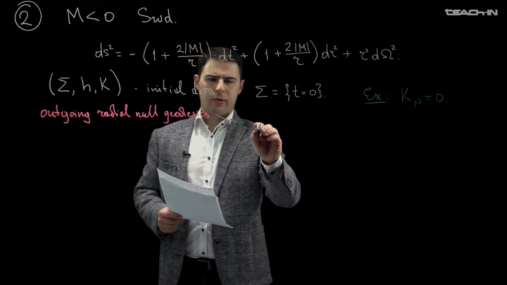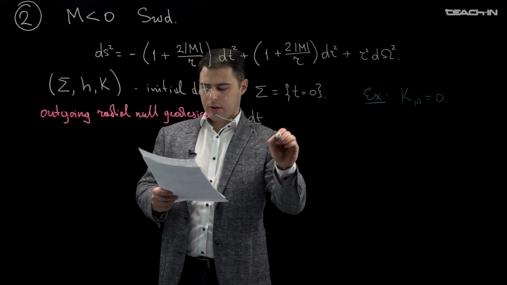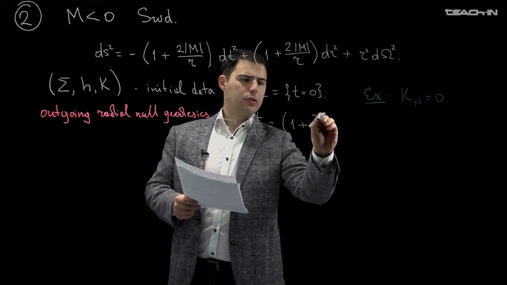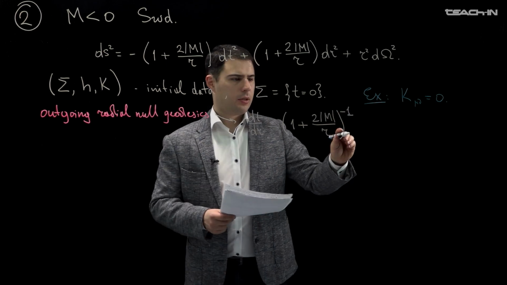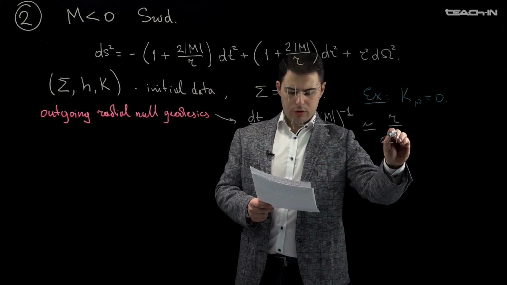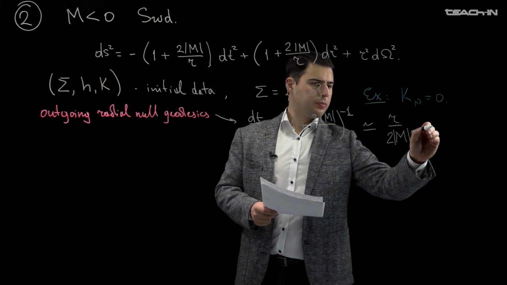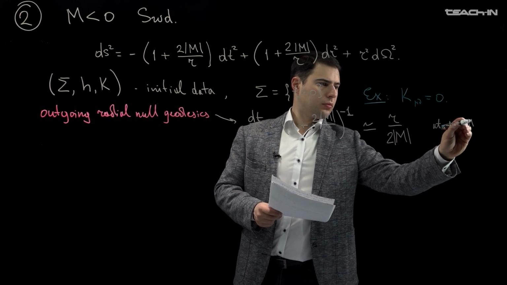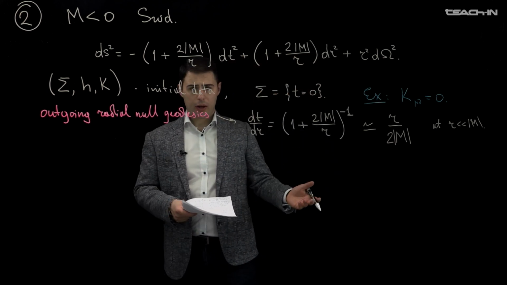So, as you recall from the previous lectures, they are given by dt over dr equals 1 over (plus 2m over r minus 1), which is roughly r over 2m for small radius.